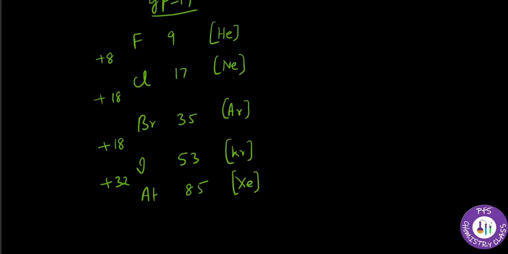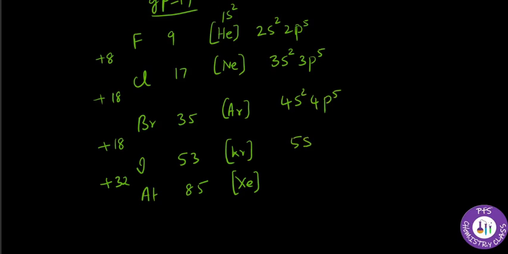Okay, then what is left over here? This is 1s2. What is left over here? 2s2, 2p, 5 plus 4, 9. Therefore, then next one will be 3s2, 3p5, 4s2, 4p5, and then 5s2, 5p5, 6s2, 6p5.